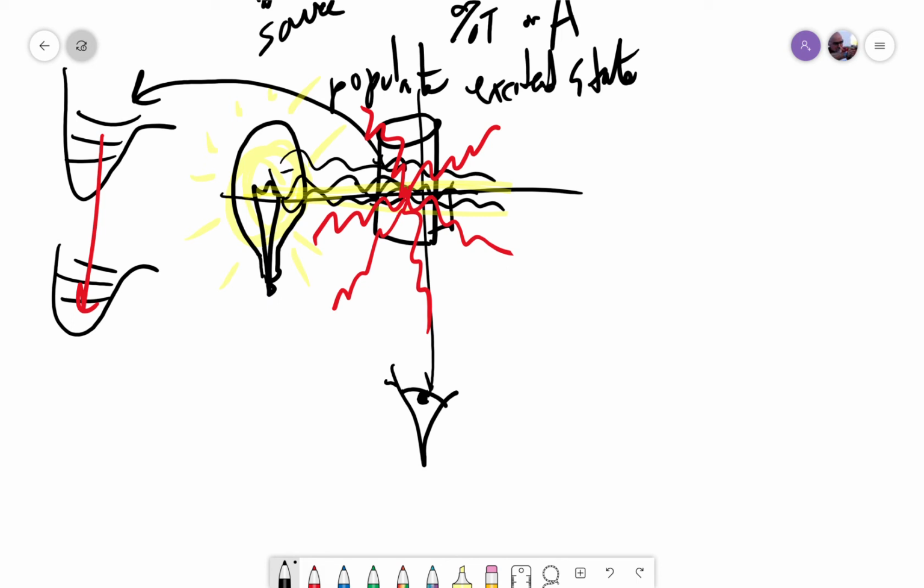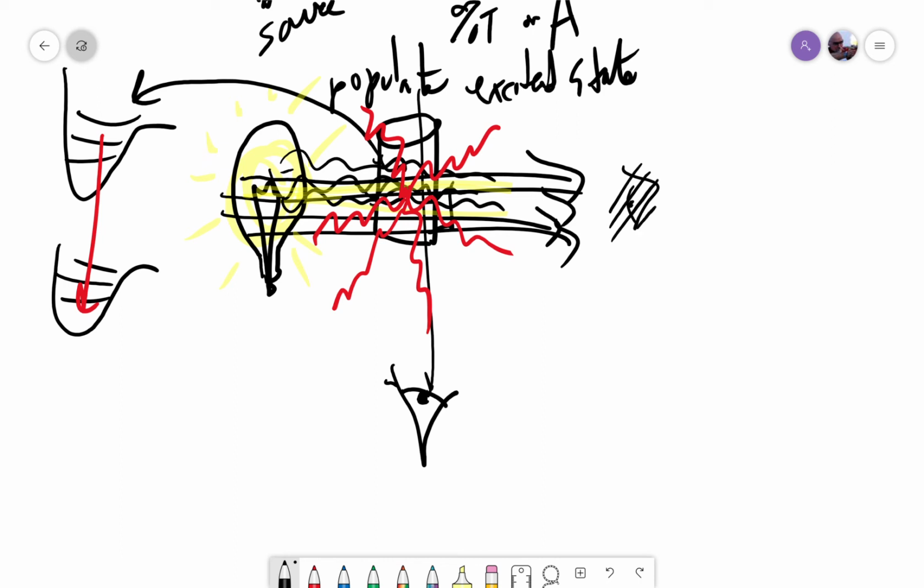The reason this is important is pretty obvious. All of the source light that is being used to excite the sample is going to go straight through. Most of it won't be absorbed. And if we had a sensitive detector sitting over here, it would be blinded, meaning we would go beyond the dynamic range and the sensitivity would not be there to detect the few photons that are going to be fluoresced.